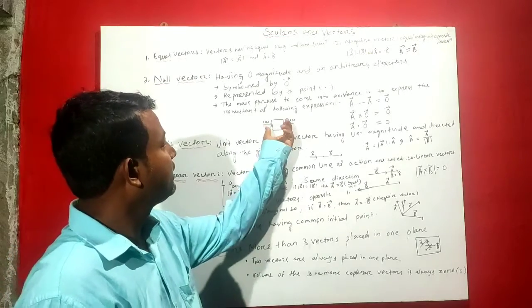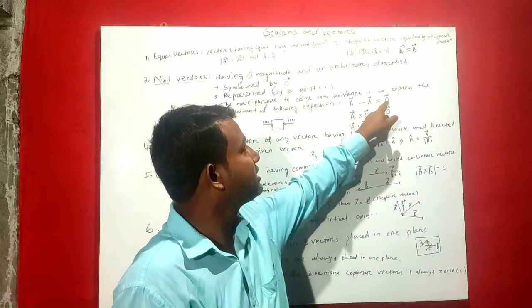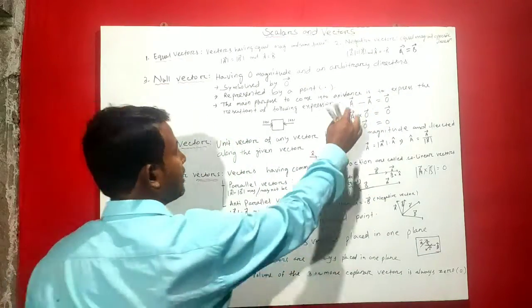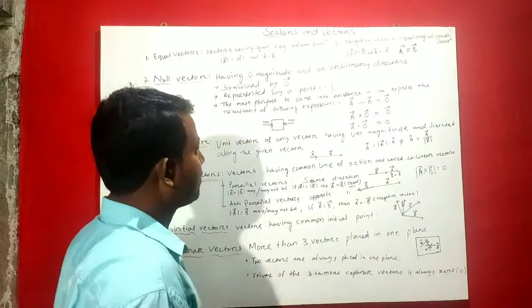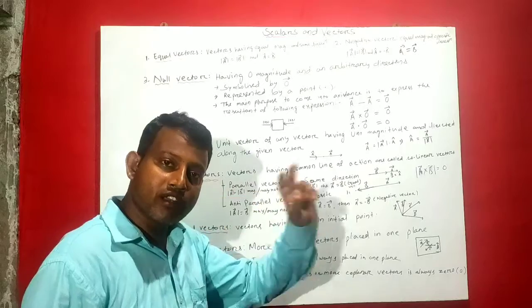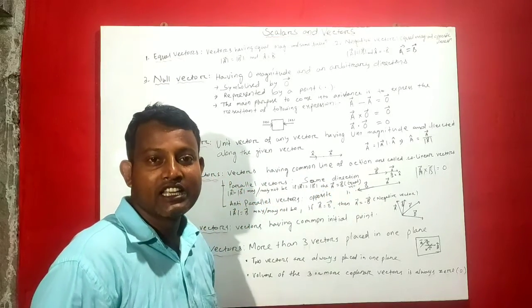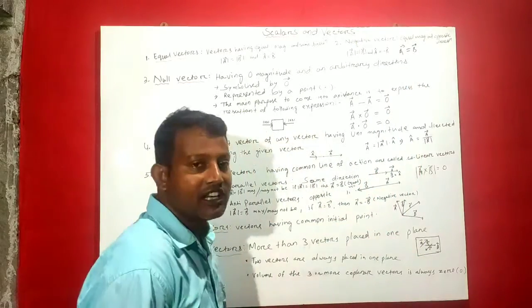This resultant is the 0 vector. That means A minus A is equal to the 0 vector. When we subtract two equal vectors, we always get a 0 vector or a null vector.